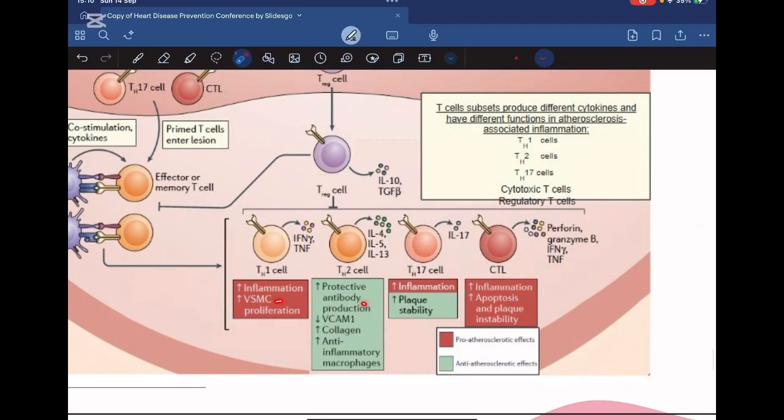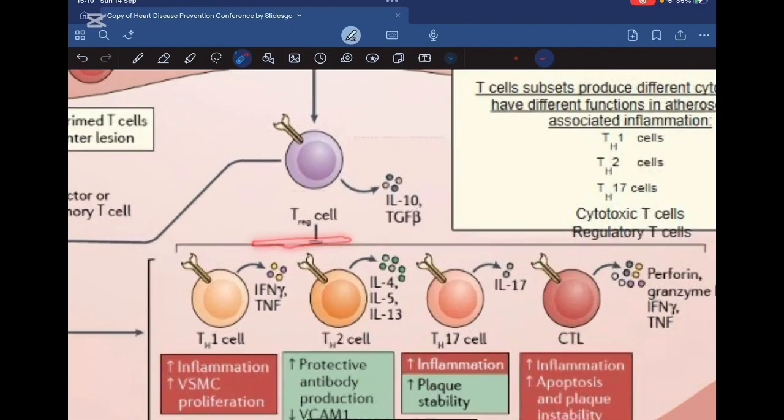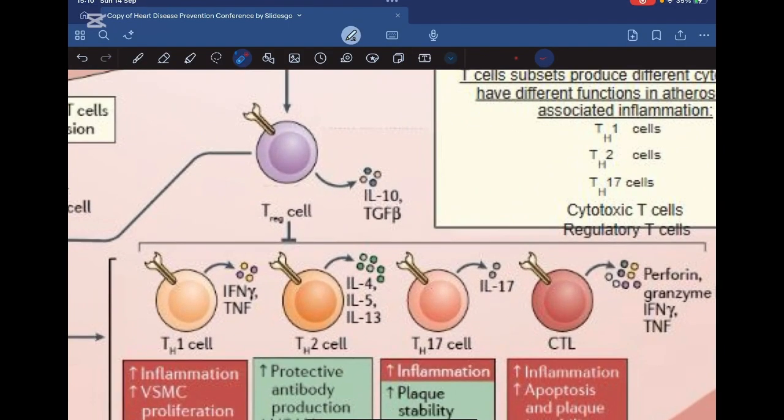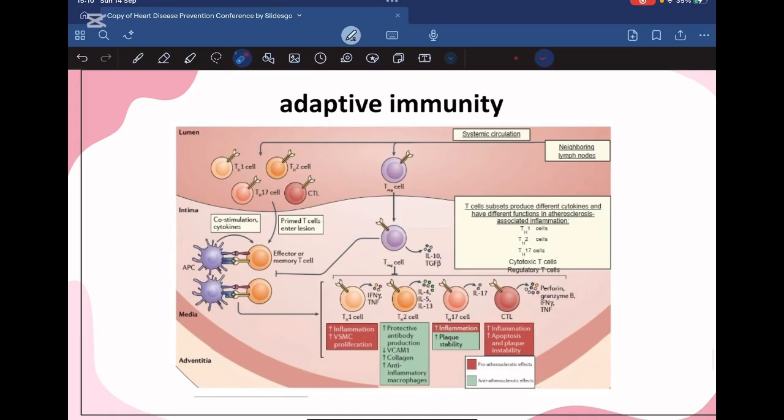Know this, read this, but I need you to focus on the T helper 17 cells. They are responsible for making the plaque stability أعلى. Plus, very important to know that all of these will be regulated by the Treg cells, which give us interleukin 10 and TGFB, which is responsible for breaking this. So these Treg will be responsible for breaking all of this cycle and eventually making the inflammation less or doing a regression. I know these two important points.